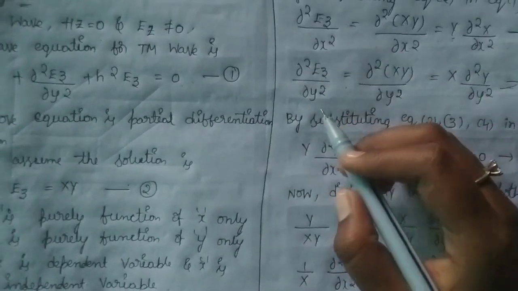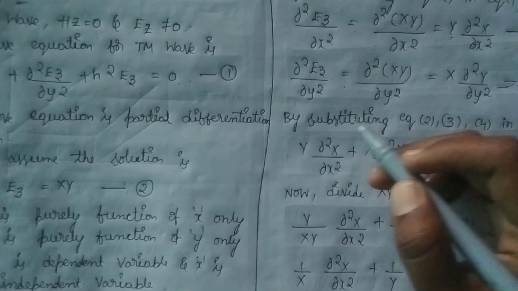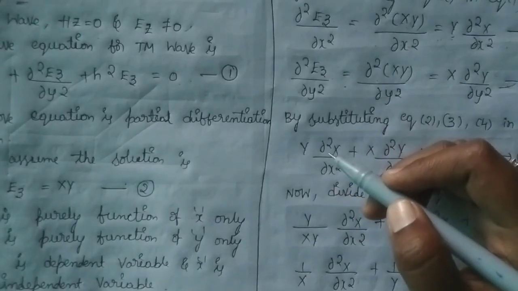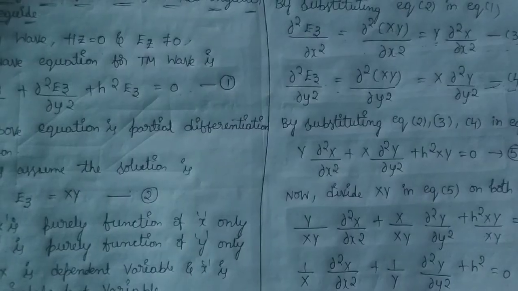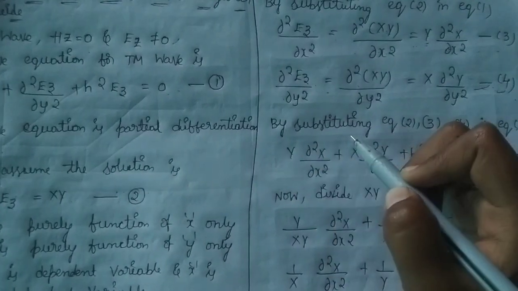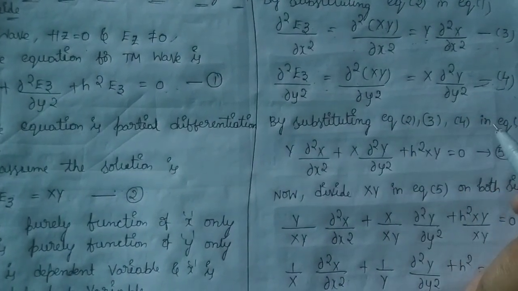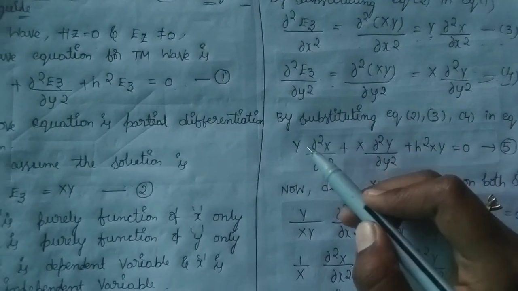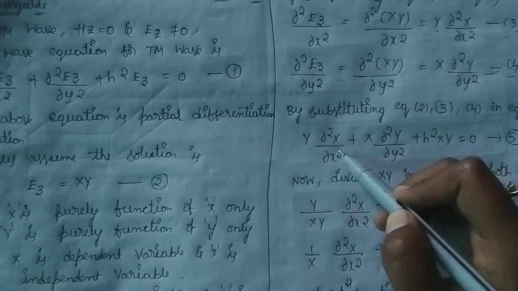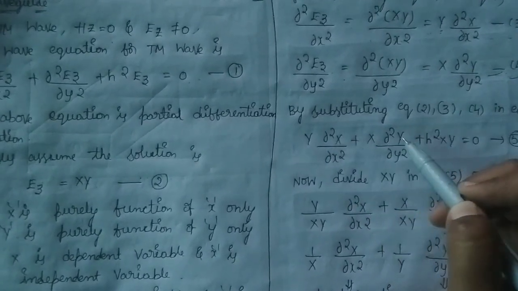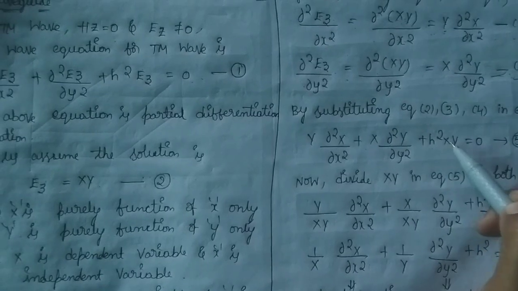By substituting equation 2, equation 3 and equation 4 in equation 1, we get Y dou square X by dou x square plus X dou square Y by dou y square plus h square XY is equal to 0.